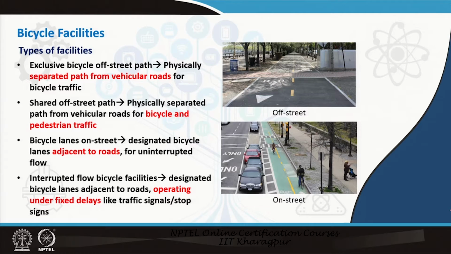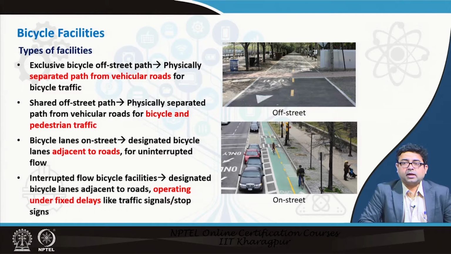Bicyclists always used to ride along with the traffic, and so the quality of the pavement and the volume of vehicles on the right of way used to determine the level of service provided to bicyclists. But now, when there are dedicated bicycle paths and dedicated bicycle lanes on the right of way, there are newer methods of determining how level of service is calculated.